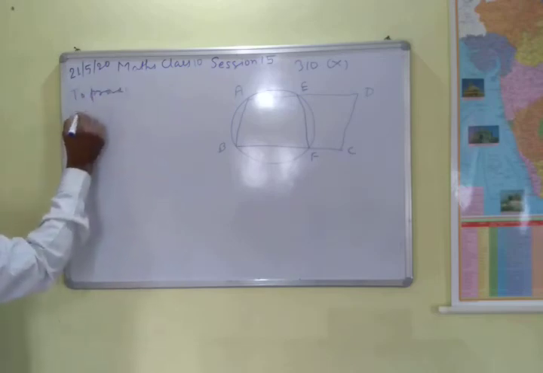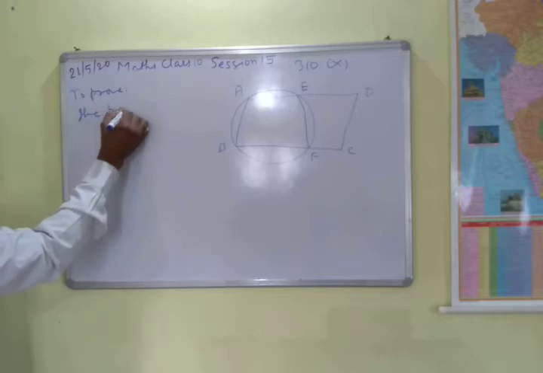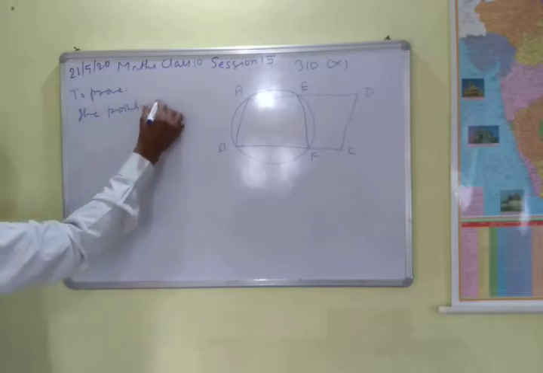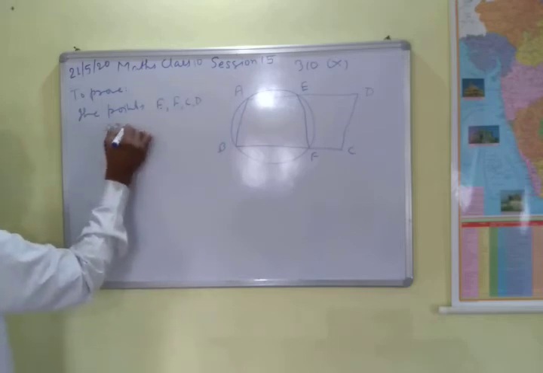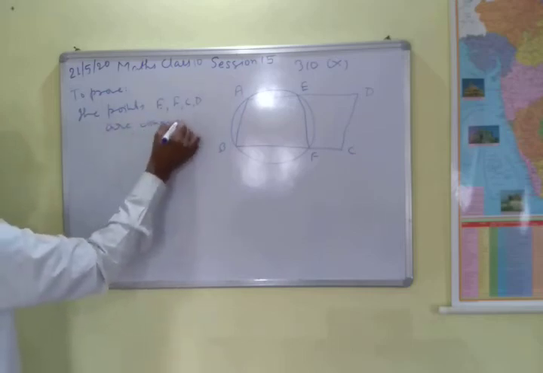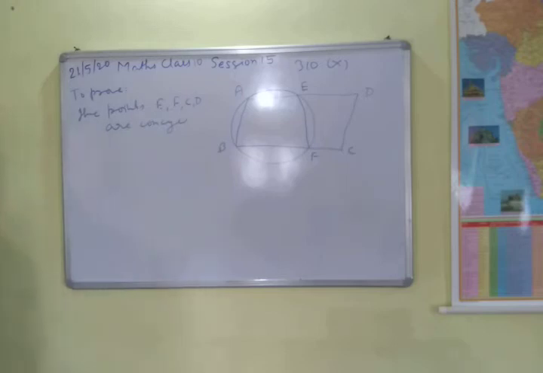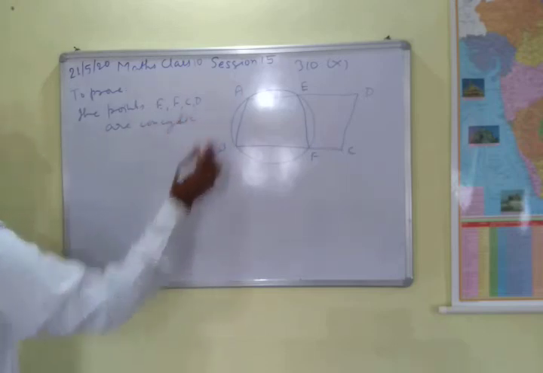To prove the points E, F, C, D are concyclic.